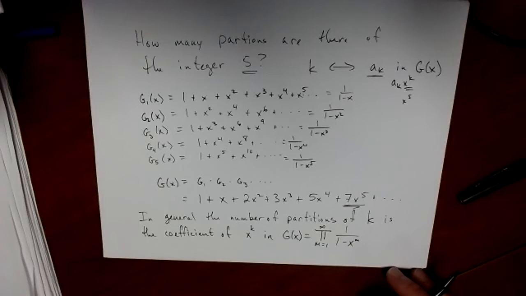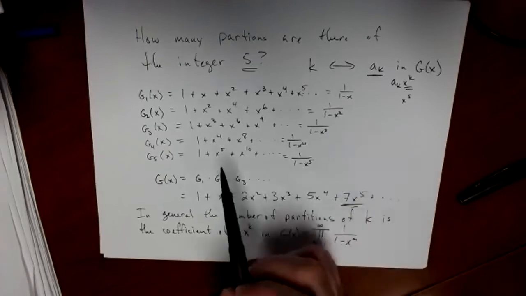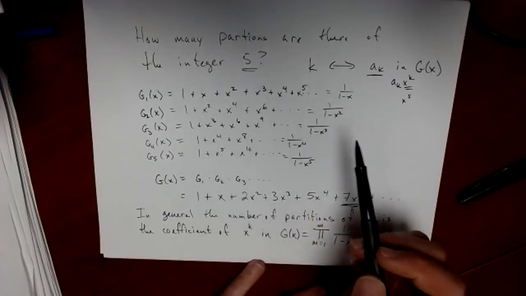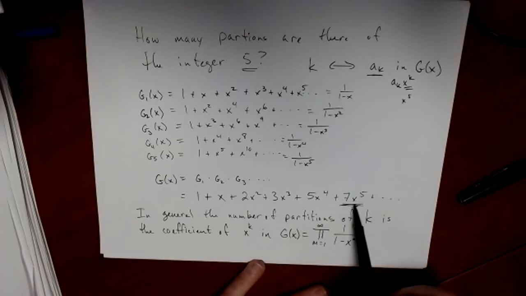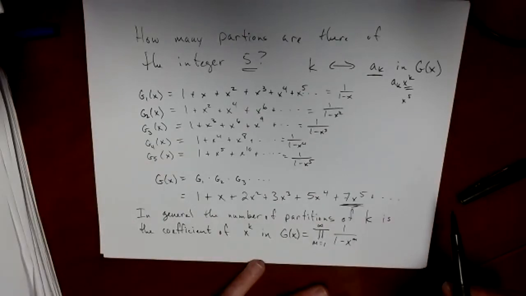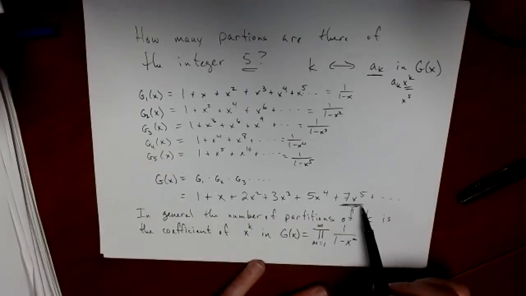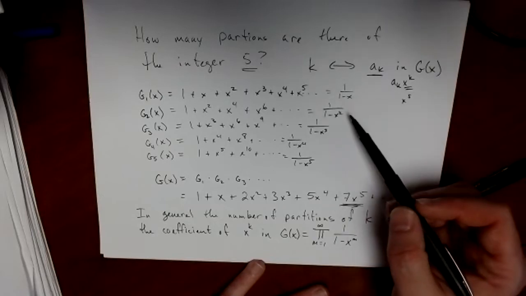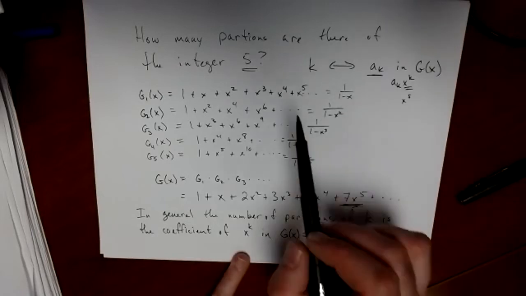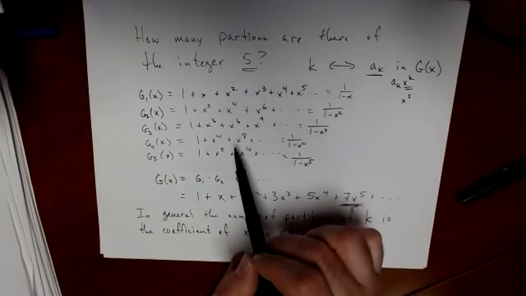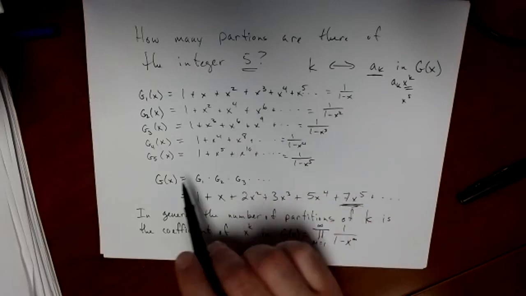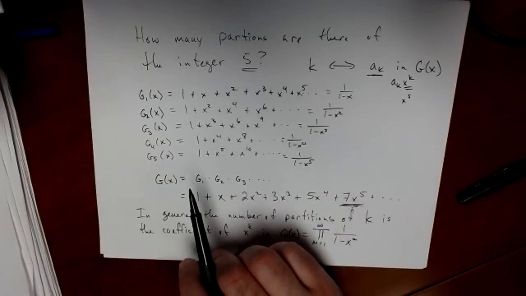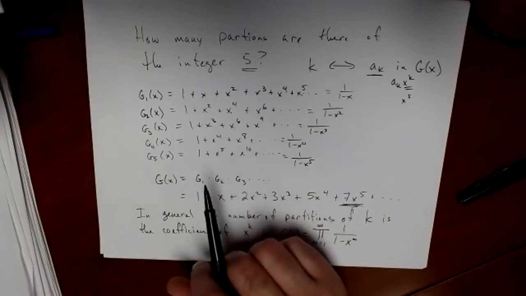And this is what I was promising you: at first you're like, oh, hey, we've got a formula then. But notice what I just did when I was finding the coefficient of x to the 5 to find the partitions of the integer 5. I was looking at which of these exponents added up to 5, which means I was just doing the partition problem over again, right?